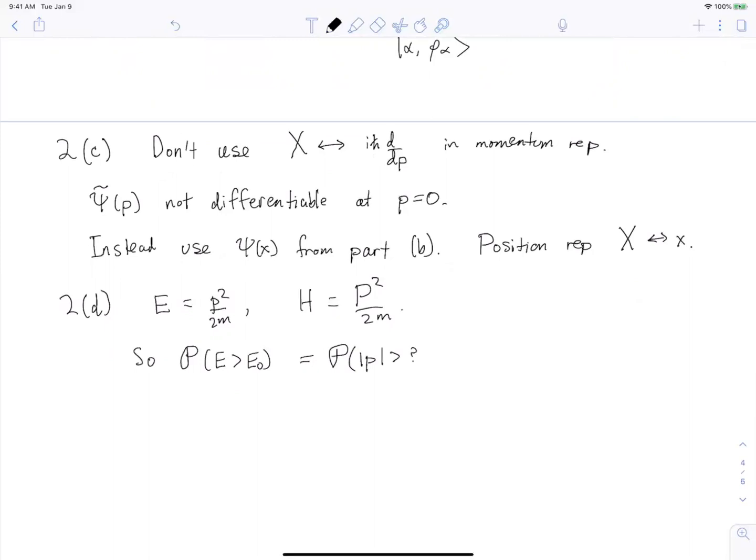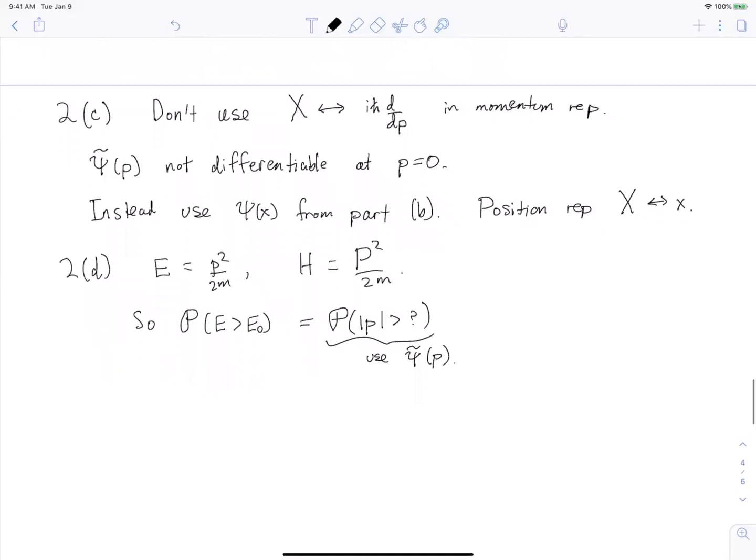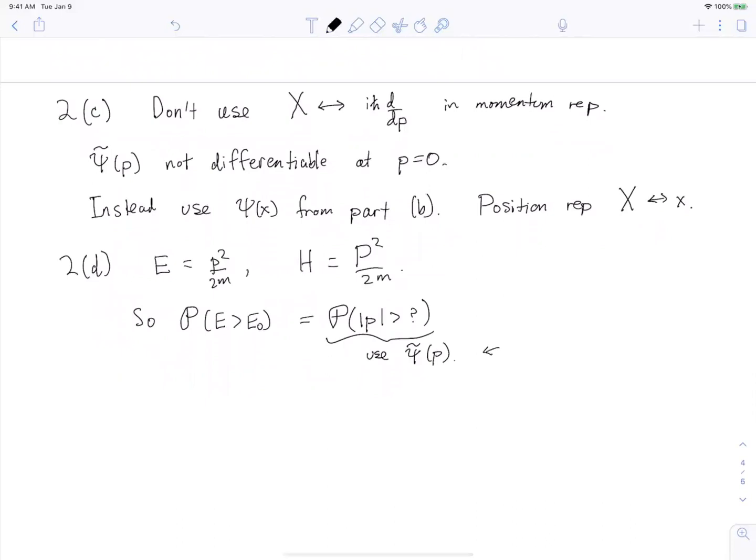I'll just write a question mark there. And then that's easy to evaluate if you use the momentum wave function. Again, you didn't have to actually work this out. You could just write it as an integral. The idea is the integral is going to be an integral over p. That's the easiest way to do it. You can also do it as an integral over E.